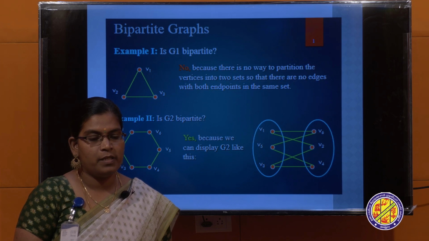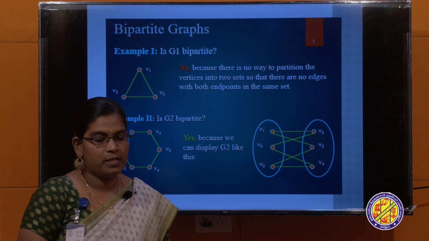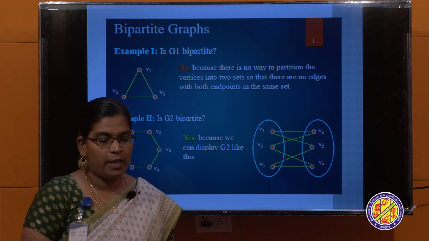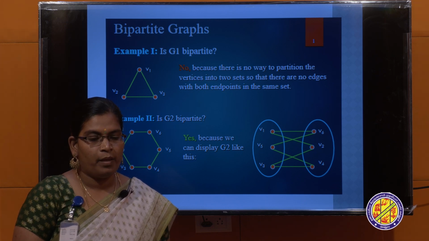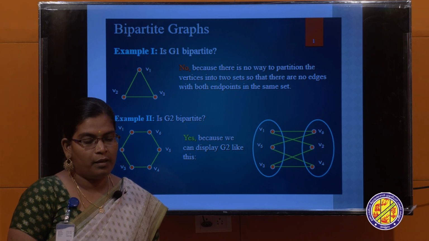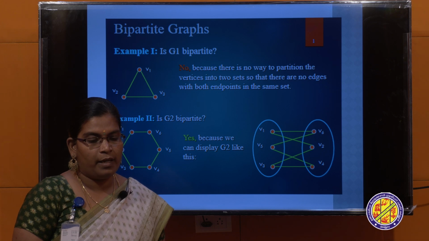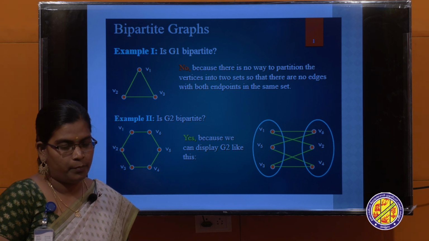A bipartite graph cannot have a self loop. This is an example of a bipartite graph. Is the first graph G1 bipartite? No, because there is no way to partition the vertices into V1 and V2. The second graph is bipartite. Yes, the graph G2 is bipartite because we can display G2 this way.